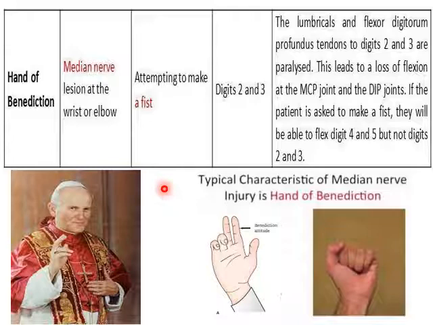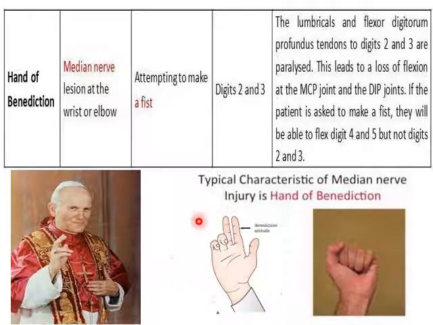Hand of benediction, which is also called Pope's hand deformity. He is a Pope, and during his blessings, this is how the hand is seen, which is called Pope's hand.